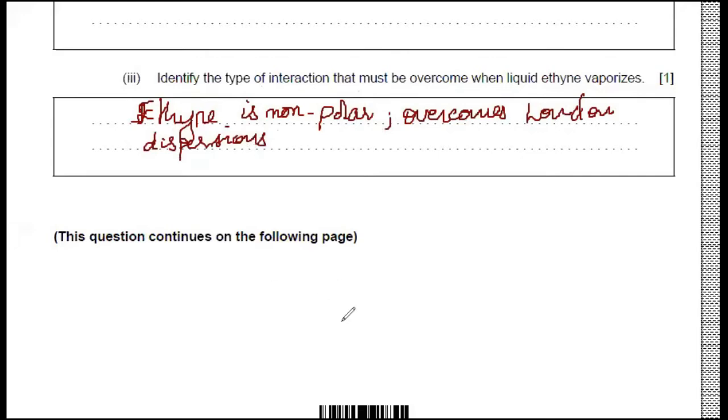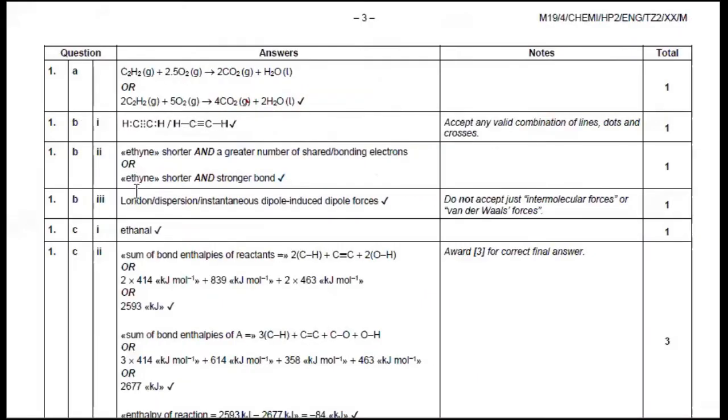So I'll show you the marking scheme. So here we have the marking scheme. You can write London dispersion, which is an instantaneously formed attractive force, or you can say that it is an instantaneously formed dipole, which will be creating an induced dipole on its neighbor. So either you can say London dispersion force, or you can say instantaneous dipole, induced dipole.